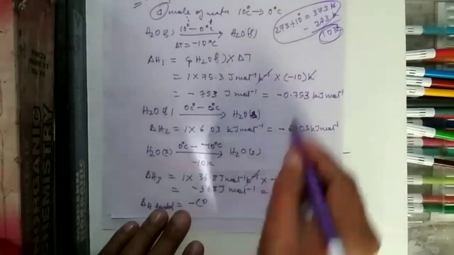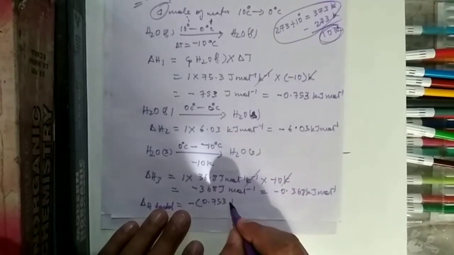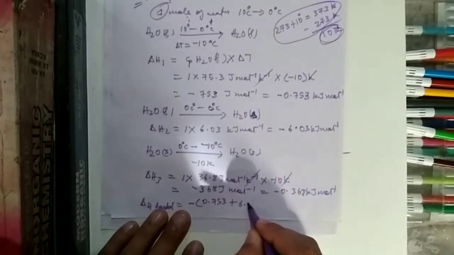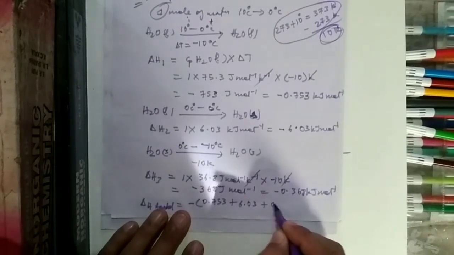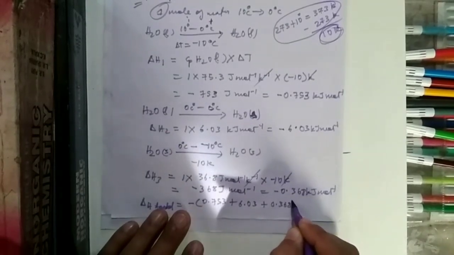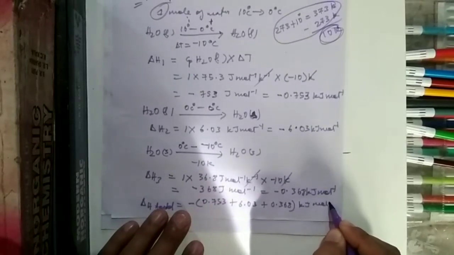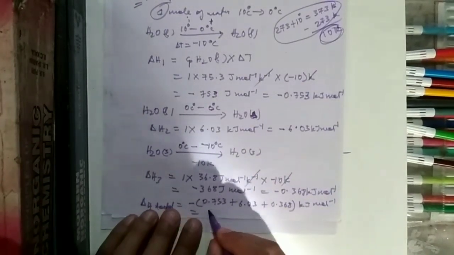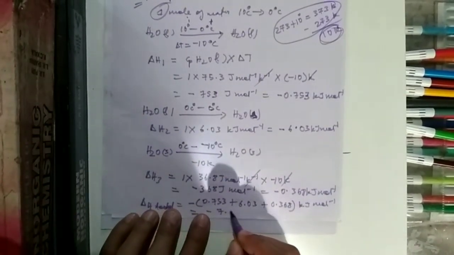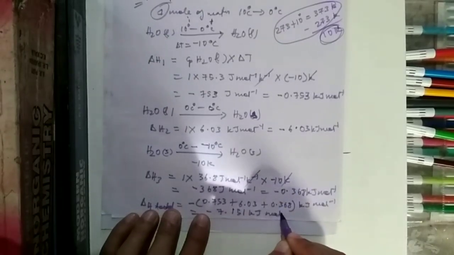The first one we got is 0.753, plus this one 6.03, plus 0.368. We are just writing the kilojoule outside the bracket. So what we get here as the answer is minus 7.151 kilojoule per mole.